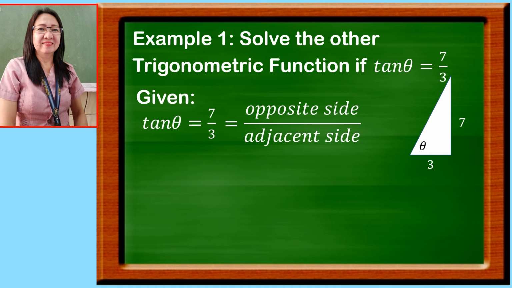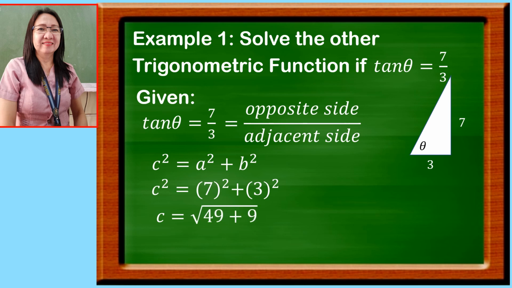Now, looking at our triangle, the missing part is the hypotenuse. So using the Pythagorean theorem, c squared is equal to a squared plus b squared, let us find the value of c. So by substitution, c squared is equal to the square of 7, representing a or altitude, and b squared, which is 3 squared, representing the base.